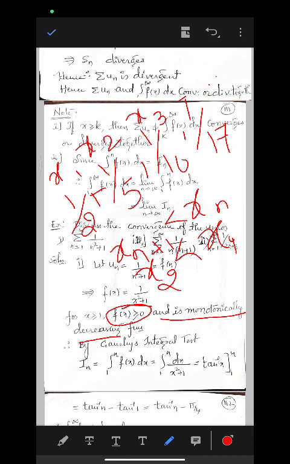Same thing: x2 is greater than x3, x3 is greater than x4. It means this is in the form of monotonically decreasing.